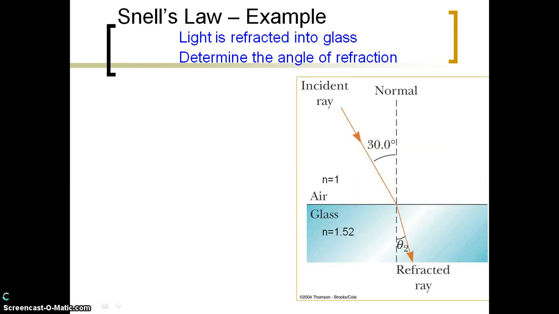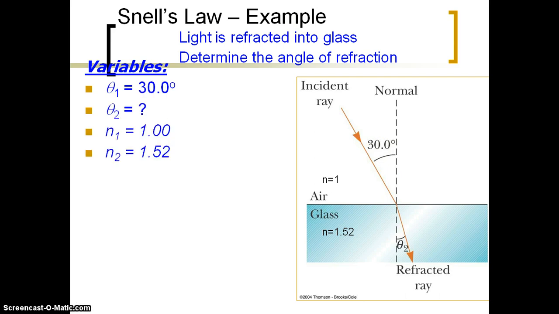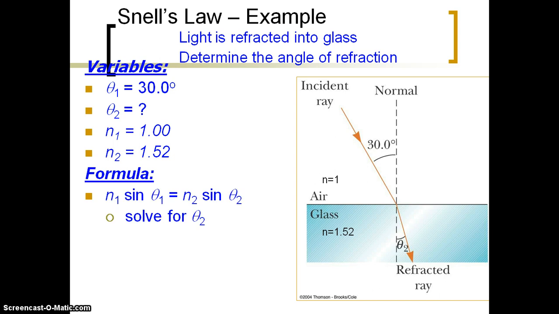Let's actually do a sample problem here. Let's figure out what is the angle of refraction. So we know N1, we know N2, we know theta 1. So of course, being the diligent student I am, I'm going to write down my variables. I'm going to write down my formula, and then solve this formula for theta 2.